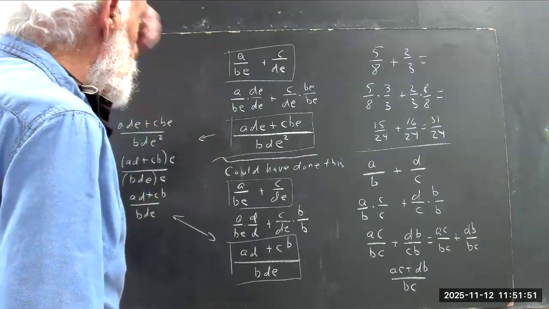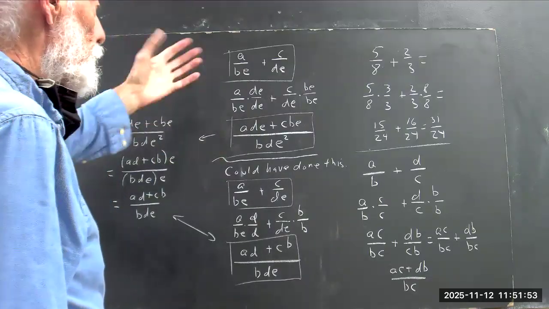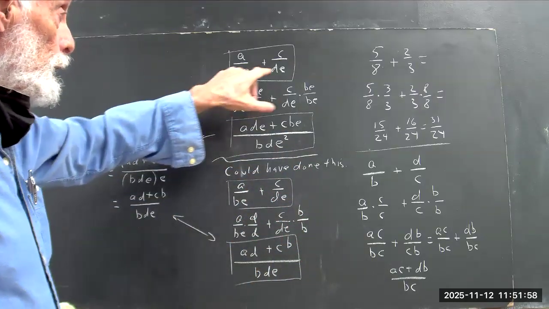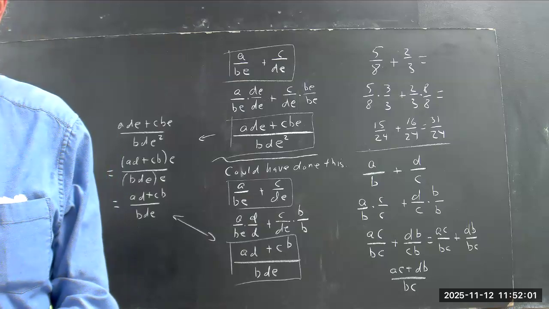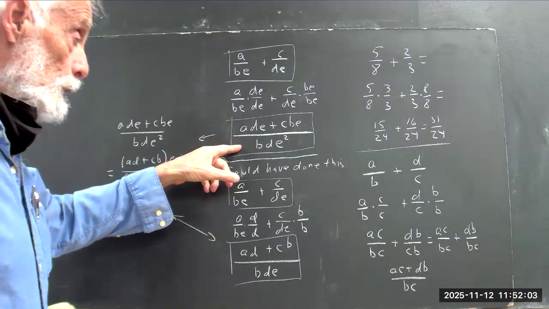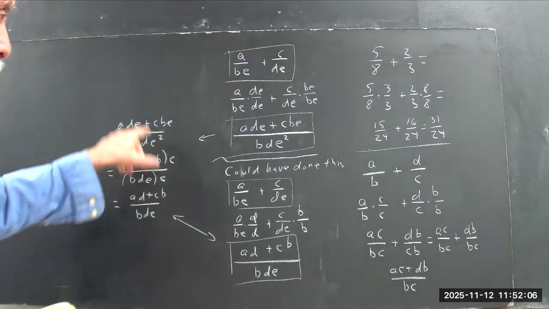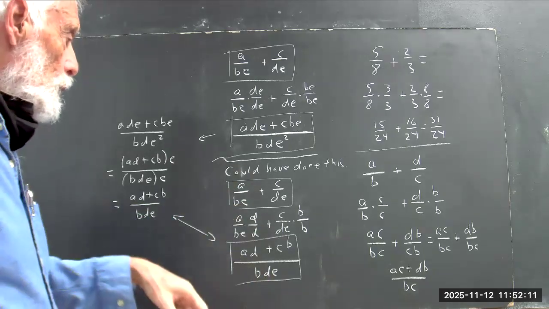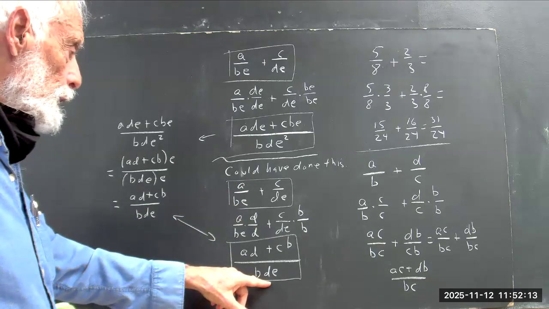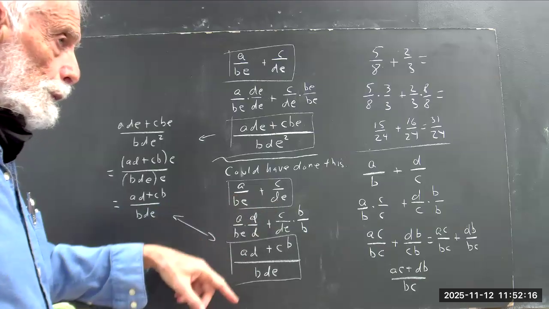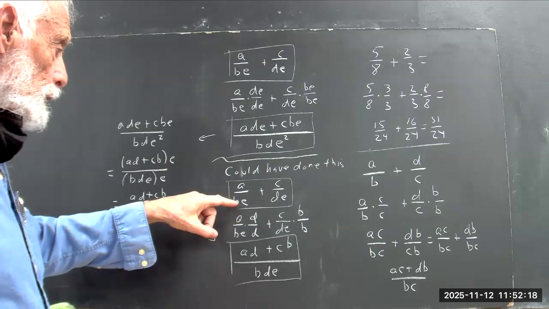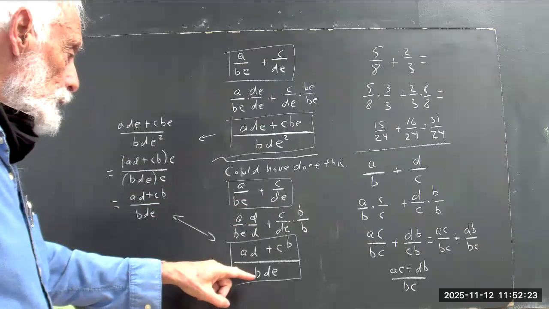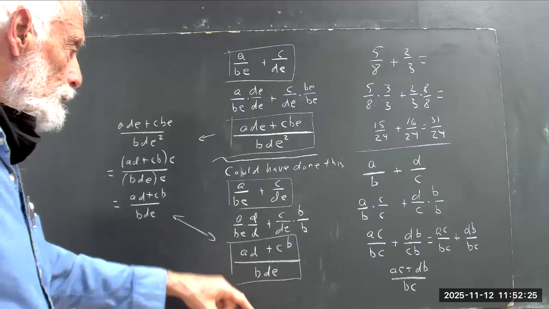In our first attempt to get the common denominator, we just multiplied the two denominators. So our common denominator is going to be BE times DE. That worked. It gave us something perfectly good, but to put it in simplified form, we had to do a little more work. Here, we just created a denominator that contained both of the original denominators. The original denominators are BE and DE, so that our common denominator could just be BDE.